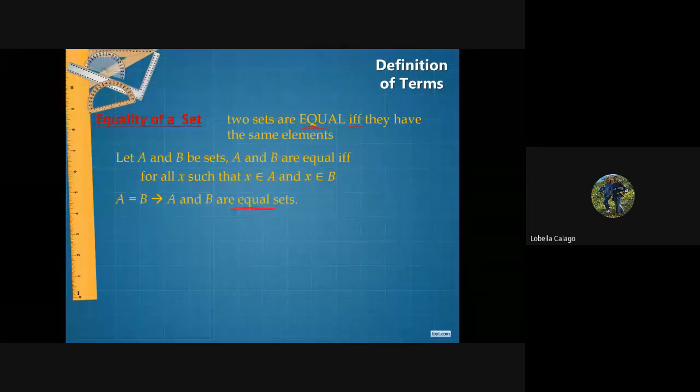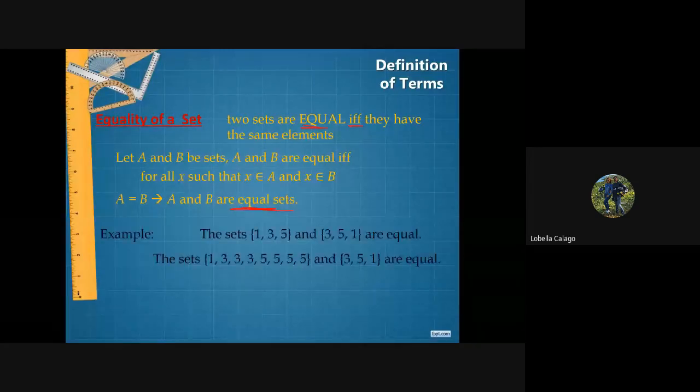So, magkaparehas ang sets nila. For example, this one and these ones are equal. They have the same elements, which are 1, 3, and 5. And so with this one, they have the same set, 1, 3, and 5. Kahit magkaiba ang kanilang representations, they still have the same elements, which are 1, 3, and 5. So that is the equality of sets.